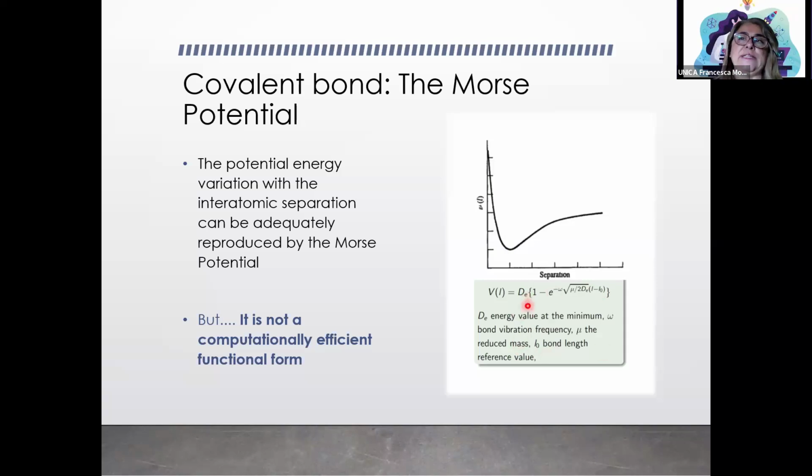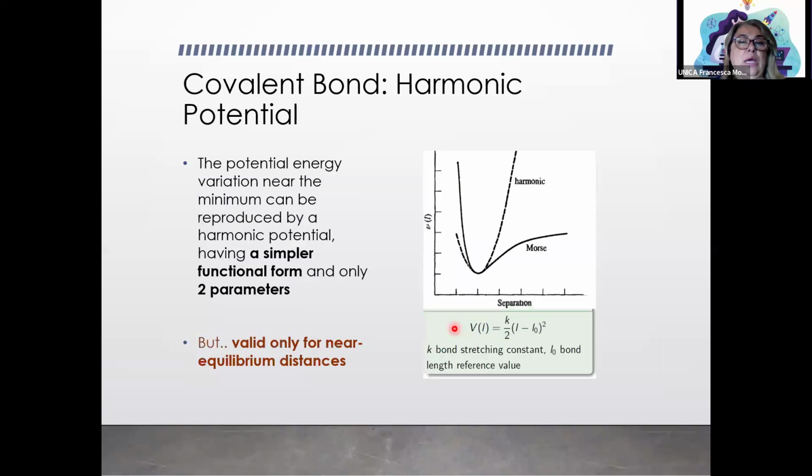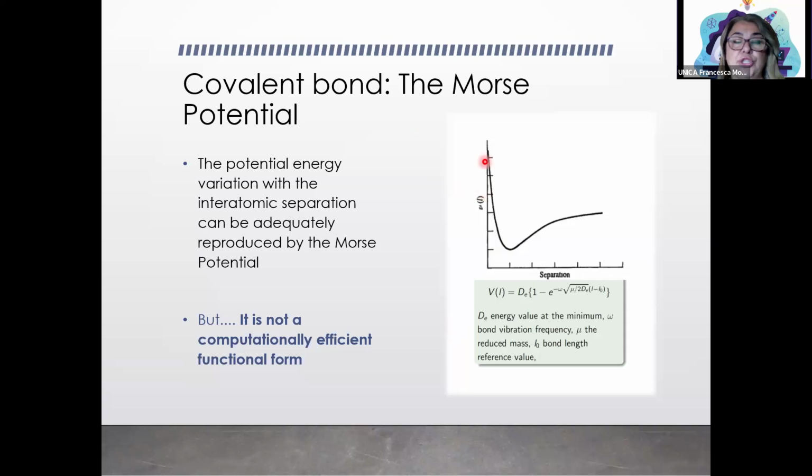In a force field, it's important not only the functional form, but also the parameters. So in this expression, we have these four parameters. The Morse potential is known to reproduce adequately the energy variation with the interatomic separation.